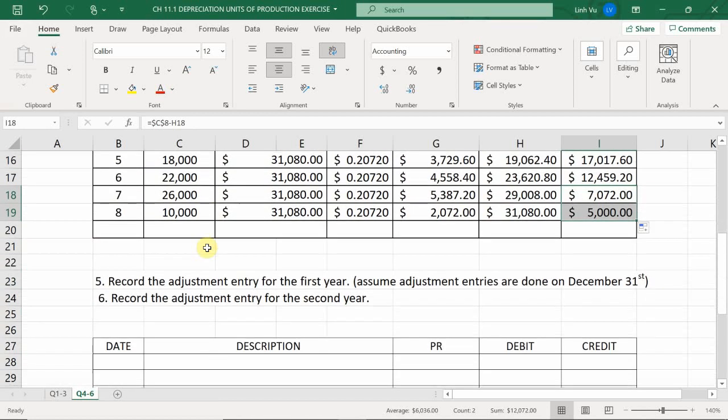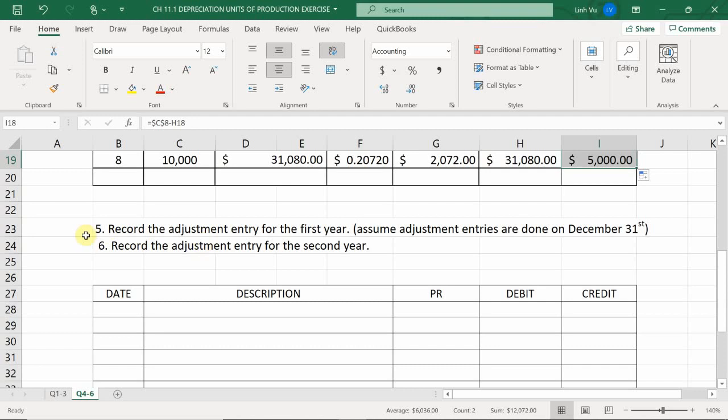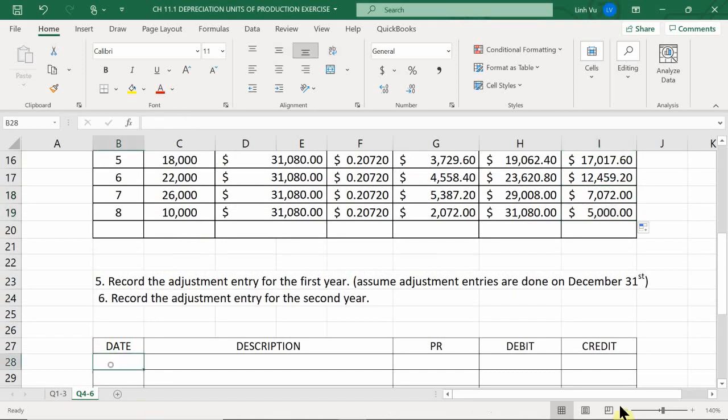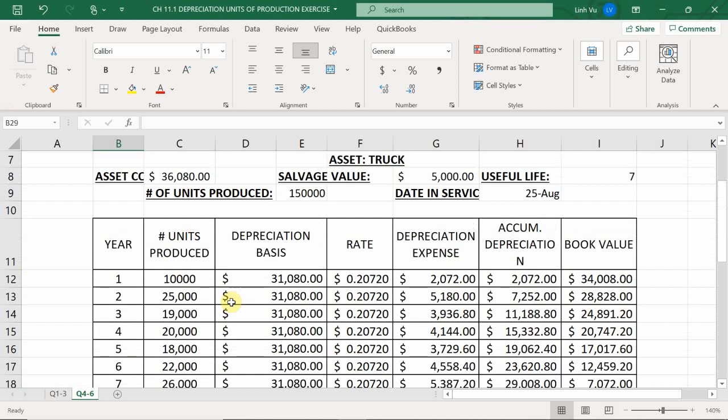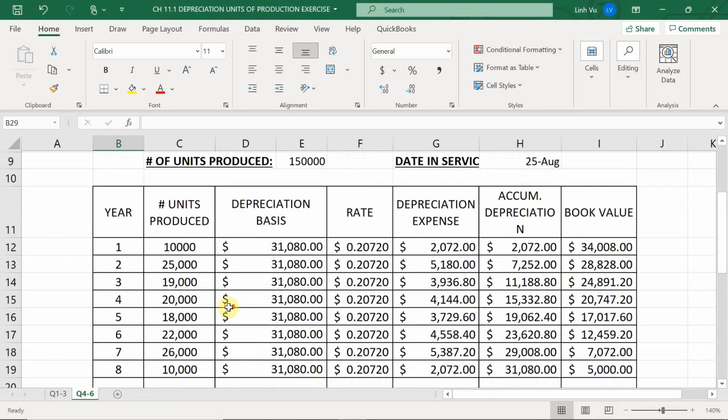Okay, all right. So let's go ahead and answer questions 5 and 6. Let's record the adjustment entry for the first year, assuming that the adjustment entry is at the end of the year, December 31st. So in this case, what was my depreciation expense for the first year? 2,072.